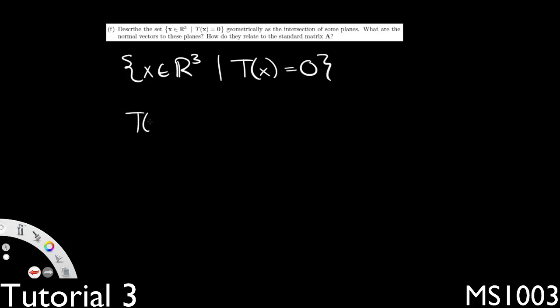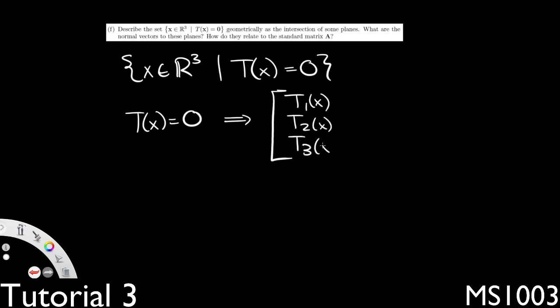Well, let's investigate what happens when T of x equals 0. That means our T1, T2, and T3 are all equal to 0 as well, right? And they all have to be 0 at the same time. So if T1 is 0, then T2 has to be 0 as well, and T3 has to be 0.